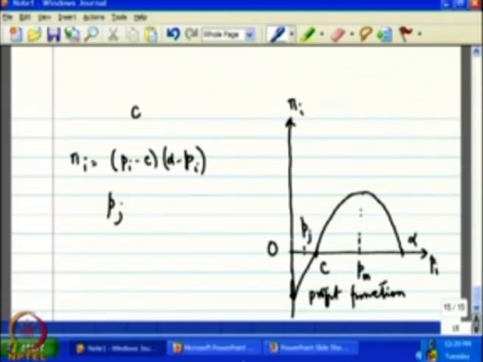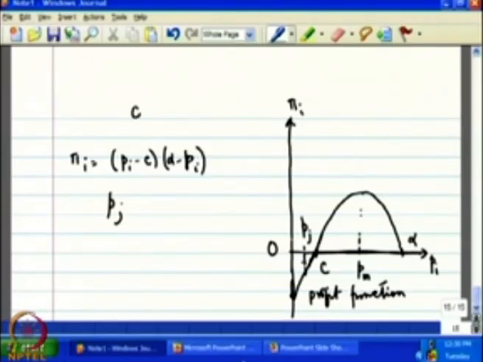So, the rival firm is charging a price less than the unit cost of production. In that case, what is the price that I should charge? Well, if the rival firm is charging a price Pj, which is less than C, then this part of the curve, after Pj, is not relevant anymore, because if I charge a price greater than Pj, my profit is not given by this curve, but by this horizontal axis, because I am getting 0 profit.